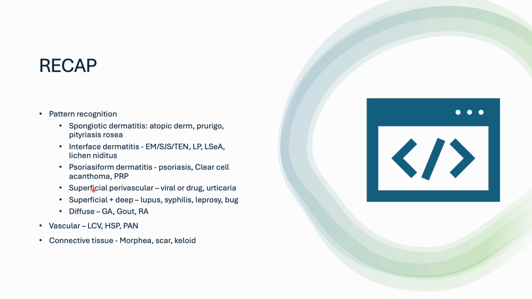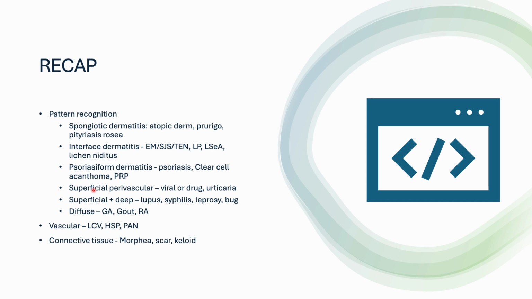And if the distribution is superficial plus deep, we think of several others, including lupus, Lyme, leprosy, and lice, which includes other bug bite reactions. And if you see a diffuse nodular pattern, we think granuloma annulare, gout, and rheumatoid nodules.